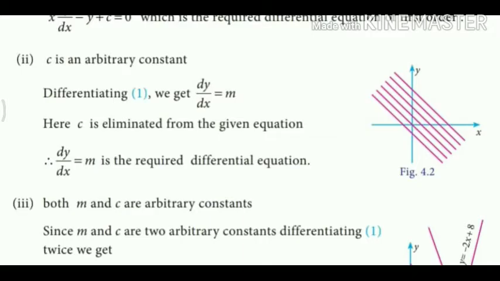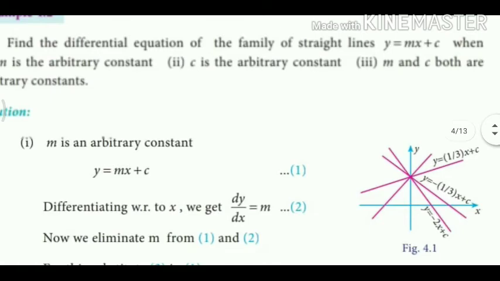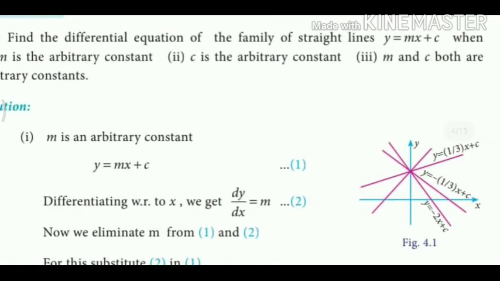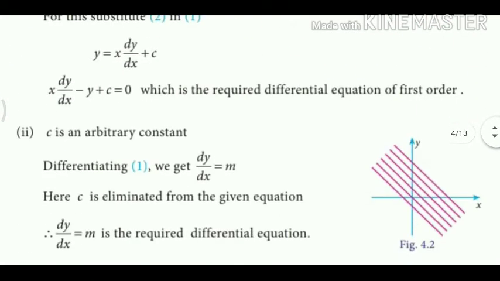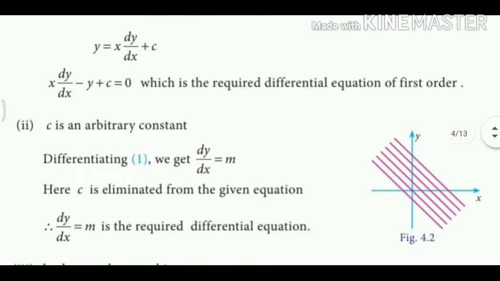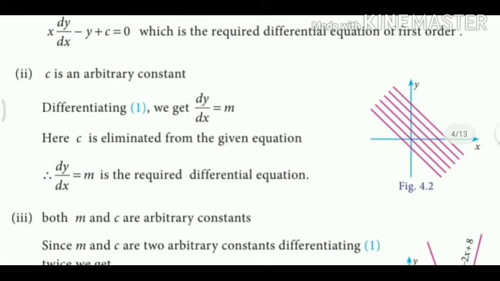Therefore I am differentiating the first equation, that is y equal to mx plus c. We are getting dy by dx equal to m. Here c is eliminated. So there is no need to substitute this value in the first equation, because the condition is c is an arbitrary constant. So we eliminated c by way of differentiation.